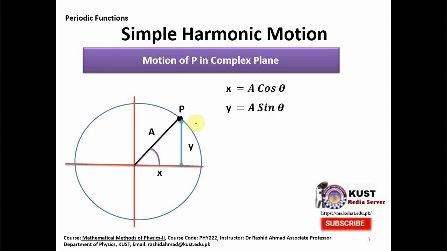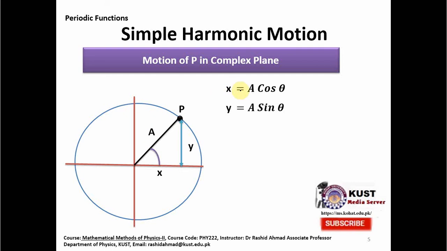So from here you can see that the vertical component of the motion of point P is equal to the linear motion of particle Q. In this complex plane, we call it a complex plane because the Cartesian coordinates are x and y, where y is the imaginary part.